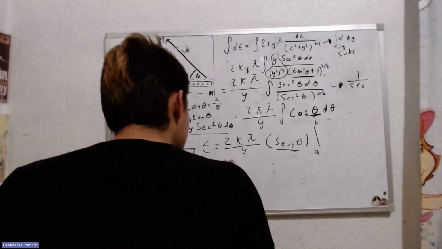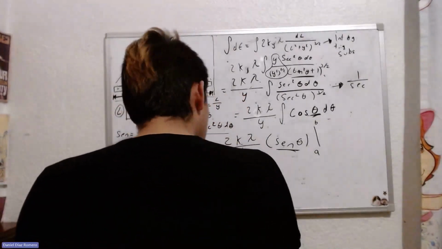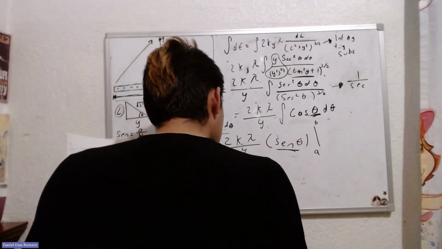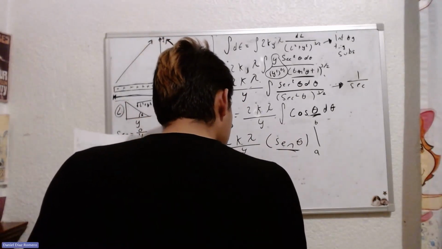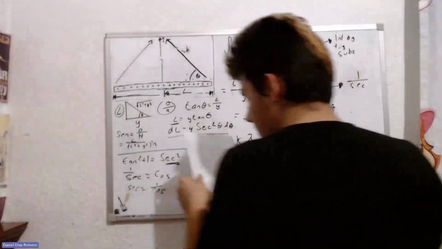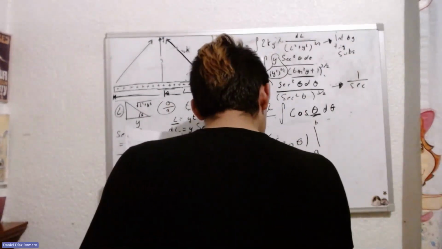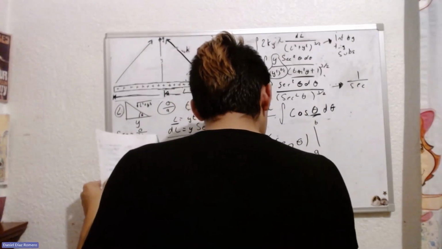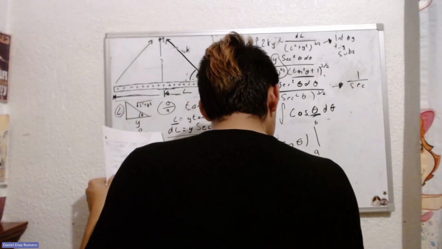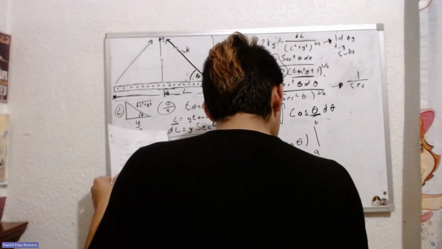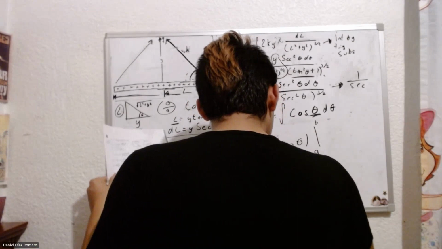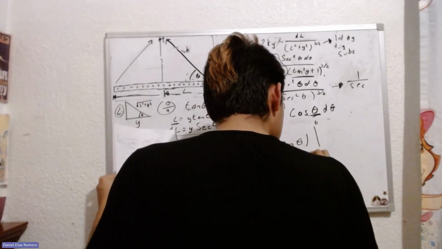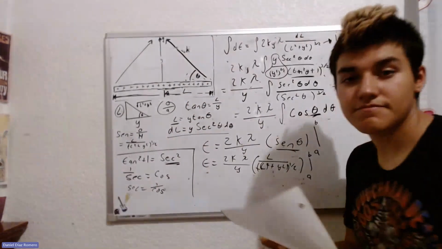So we replace this with this new function, which would be 2k lambda over y of L over L squared plus y squared to 1.5, from A to B. All right.